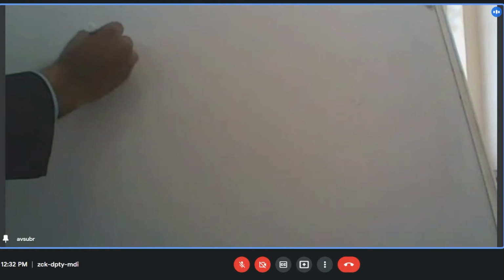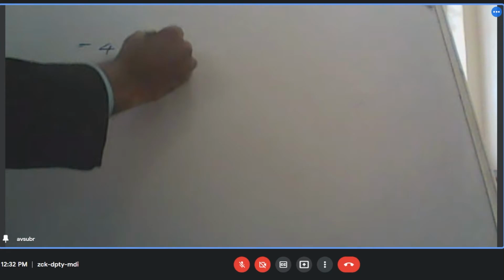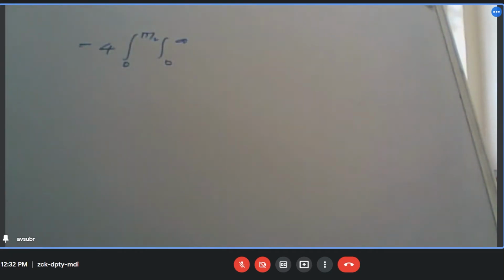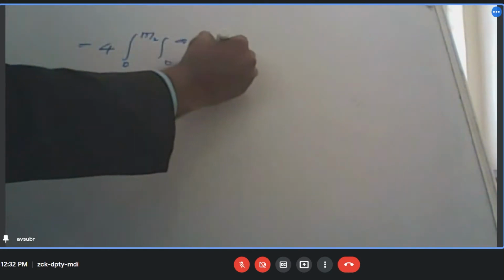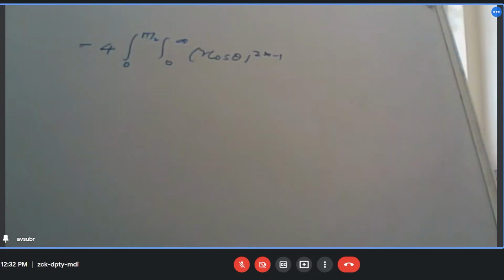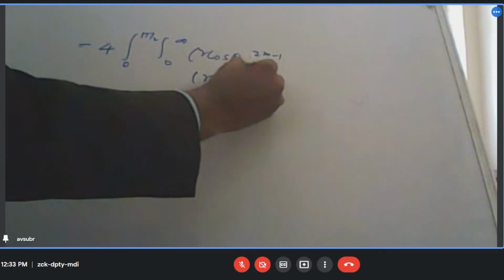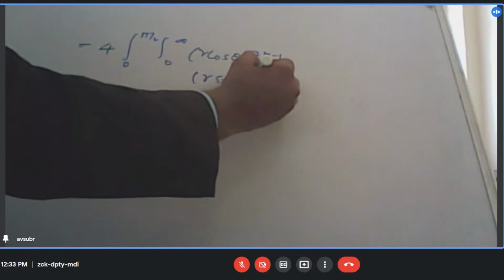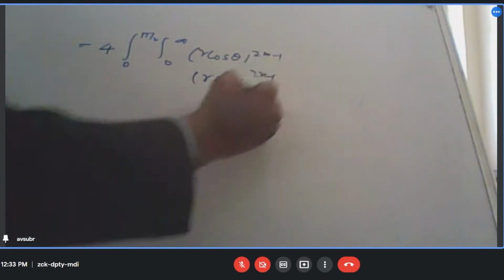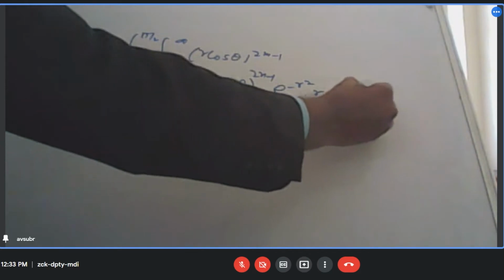All right, so we obtain this particular integral: 0 to π/2, 0 to infinity, r cos theta to the power 2m minus 1, into r sin theta to the power 2n minus 1, into e to the power minus r square, into r dr d theta.